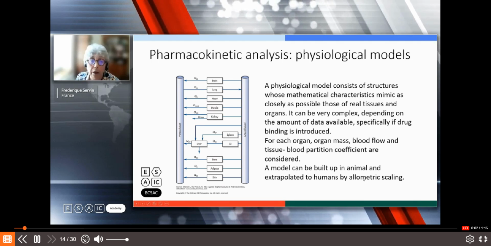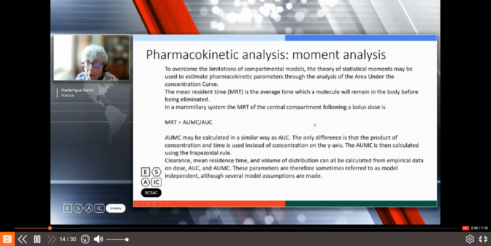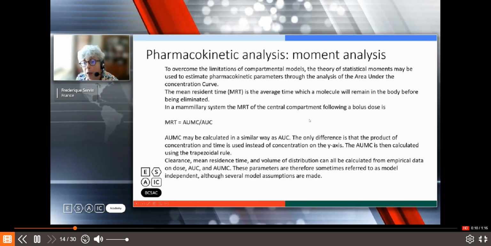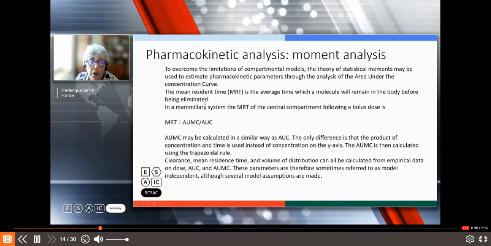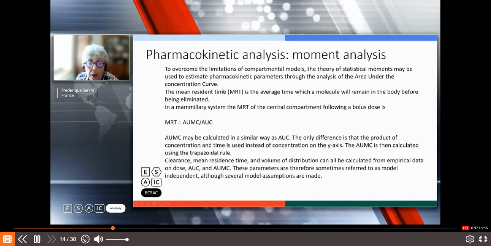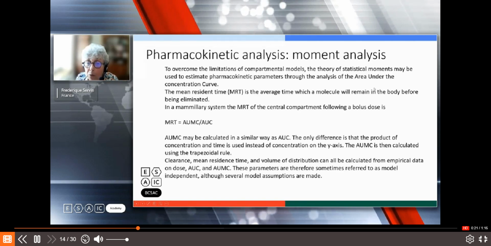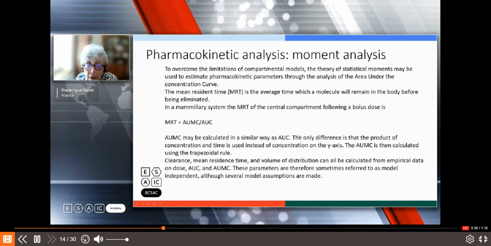There is another way to study the main pharmacokinetic parameters, and this is the moment analysis with the theory of the statistical moments, where you will define what is called the mean residence time, which is the average time which a molecule will remain in the body before being eliminated.